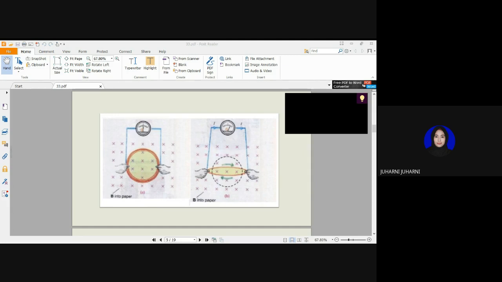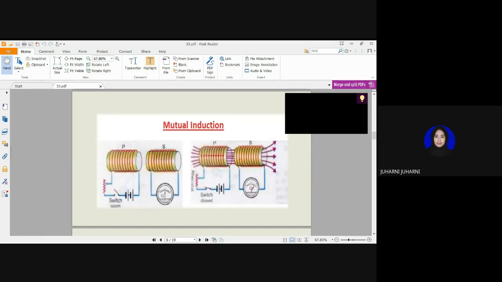The first one is P, and the second is S. The first coil is connected with the rheostat, switch, and battery, while the S coil is connected with the galvanometer.